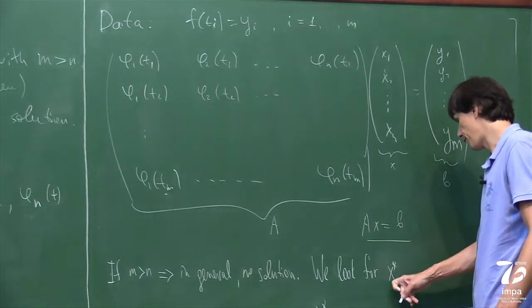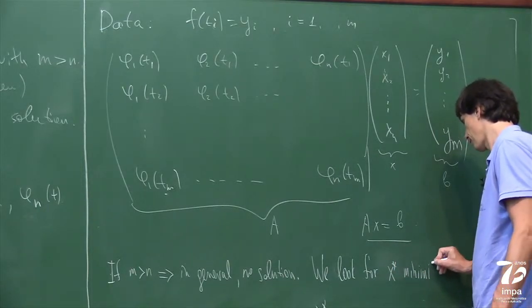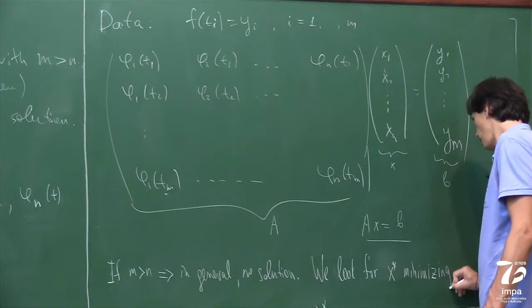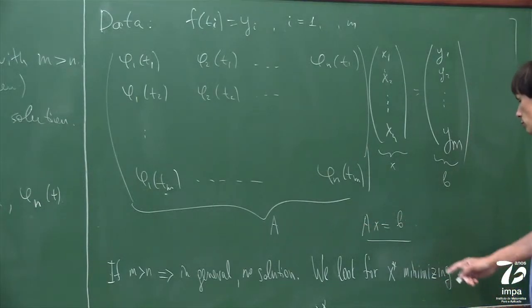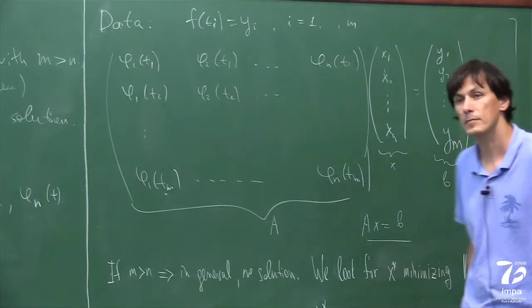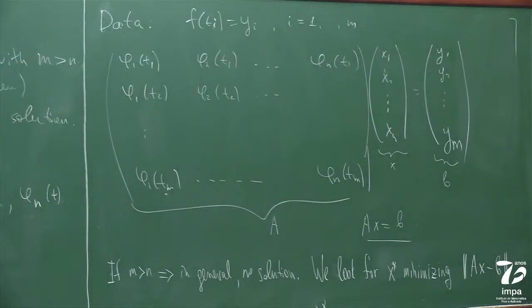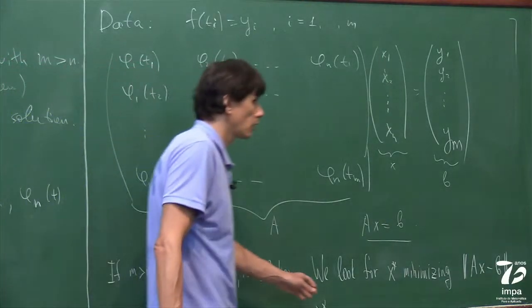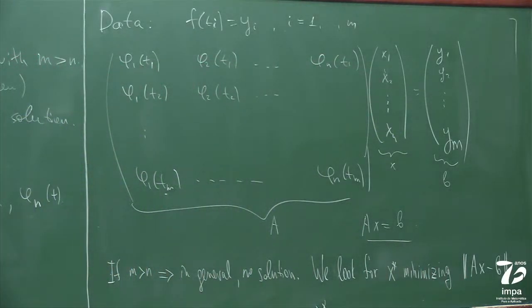So we find X star minimizing... what? You can put B on the left-hand side, then it should be something equals 0. So this is something we just minimize. We minimize the norm of AX minus B, the norm of the difference.